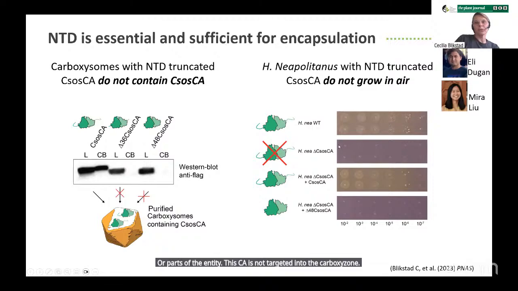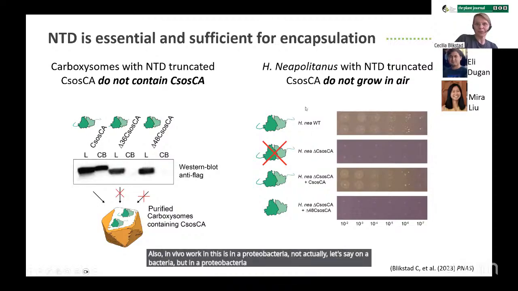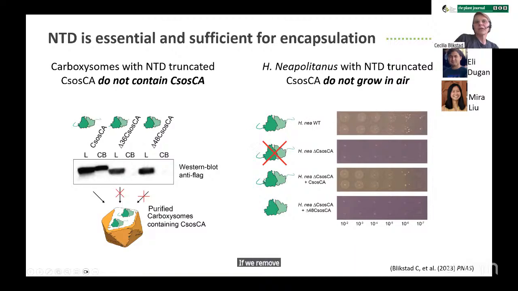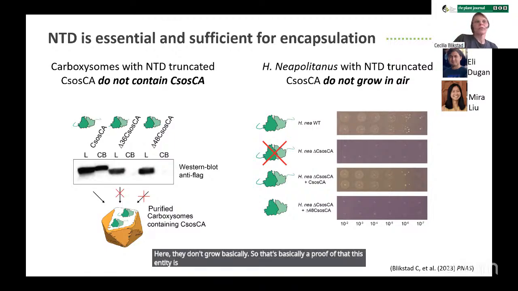Also in vivo work, this is in a proteobacteria, not actually a cyanobacteria, but a proteobacteria that has these carboxysomes and where we can do genetics, which is why we use it as a model system. If we remove the NTD, here they don't grow, basically. So that's a proof that this NTD is functional for this reason.